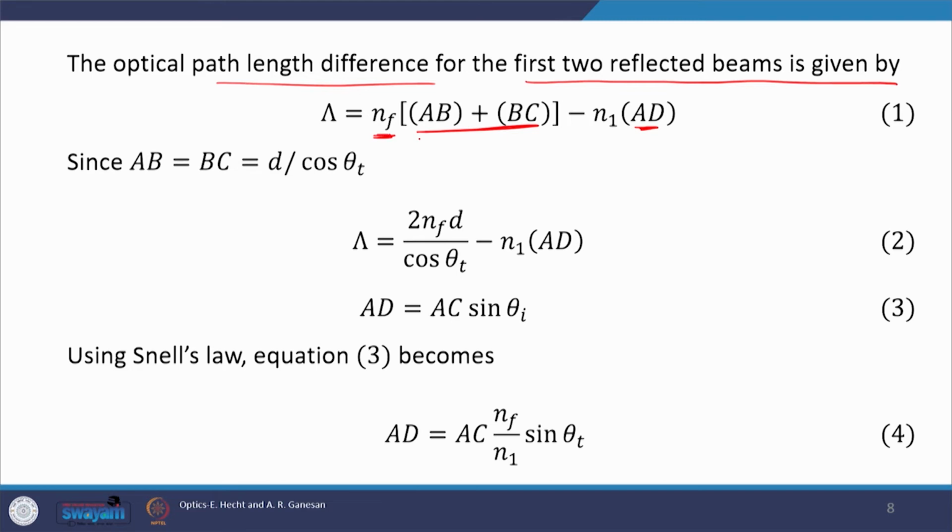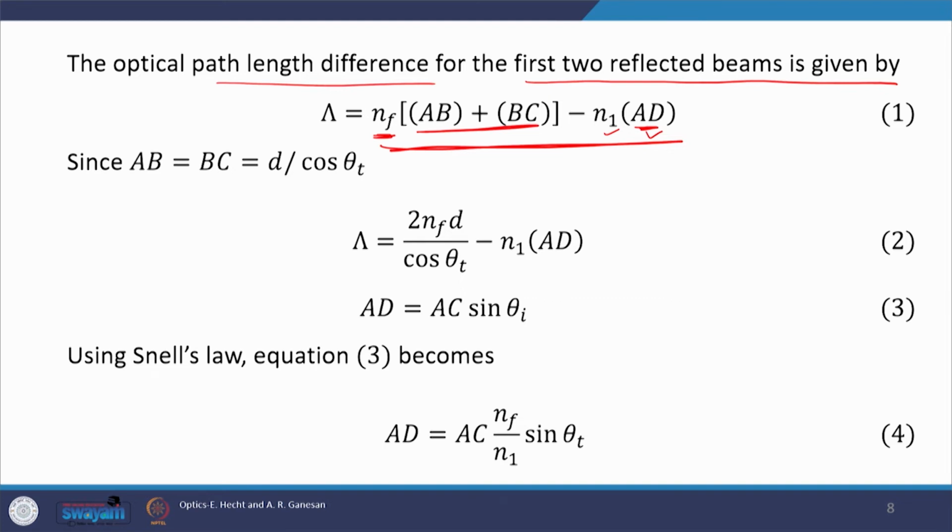Therefore, the extra path inside the film has to be multiplied by the refractive index of the film, while the extra path for ray 1 which is outside the film has to be multiplied by the refractive index of the first medium, which is N1 here. Therefore, this difference will give us the optical path length difference between the two rays E1r and E2r.